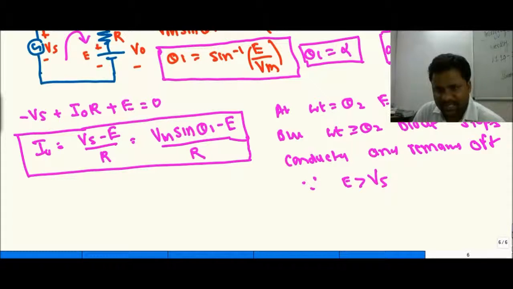So the circuit behaves like this. The supply voltage is positive, and at theta 2 the diode becomes off.